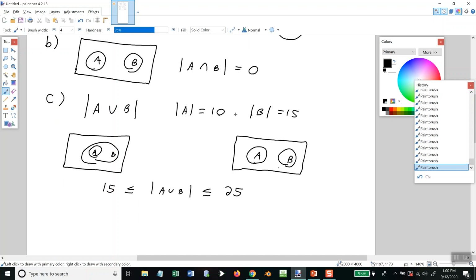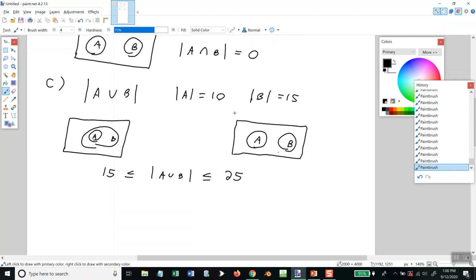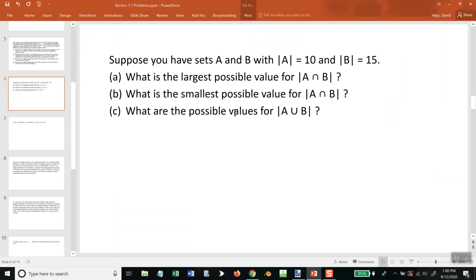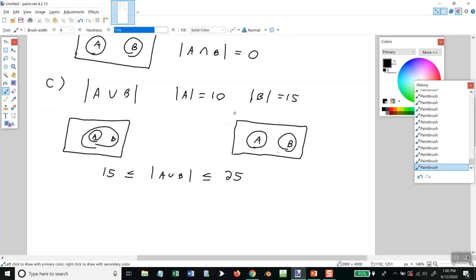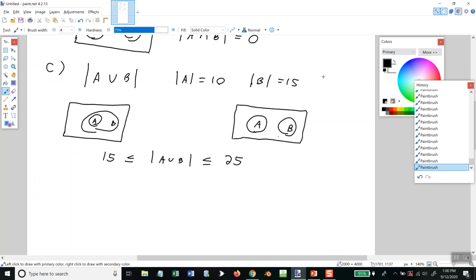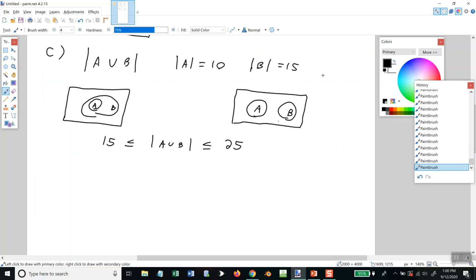Now, it says, what are the possible values for the A union B? Well, our possible values range between 15 and 25.